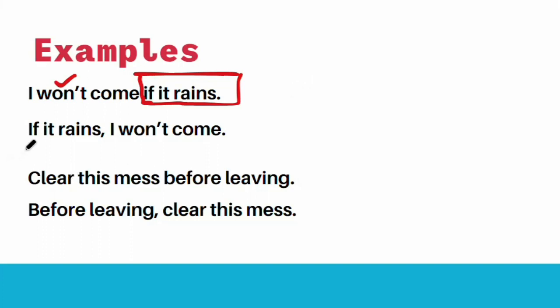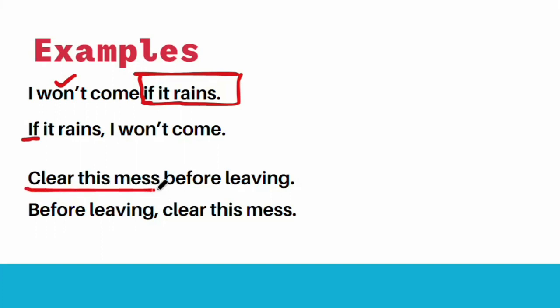In the next example, we are beginning our sentence with if, that is a subordinating conjunction. And how are we using it? If it rains, a comma, this is what our second structure is all about. If it rains, comma, I won't come, independent clause. Okay, let's read this sentence.